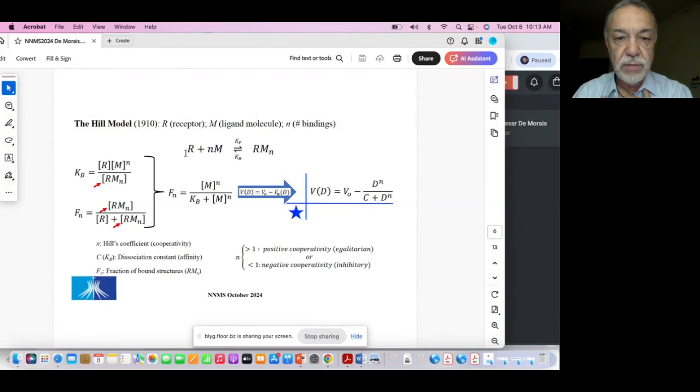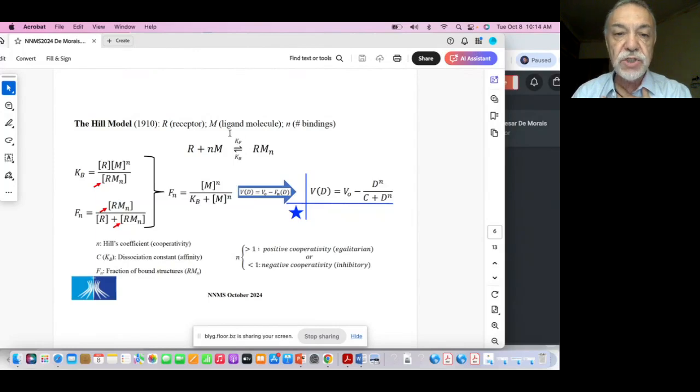On the left-hand side, you have the receptor, which you can imagine on the cell membrane. And then there is a number of molecules that can bind to the cell membrane. N is the number of molecules that can bind. And then this binding produces the complex, the molecule bound to the cell membrane receptor.